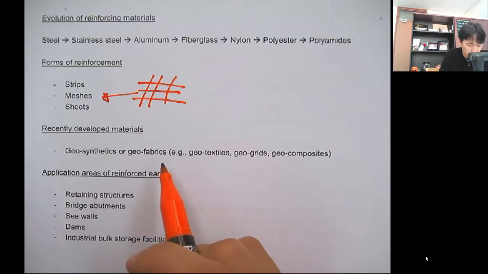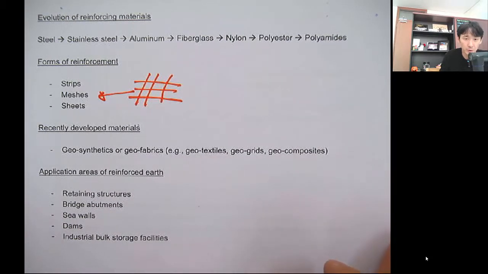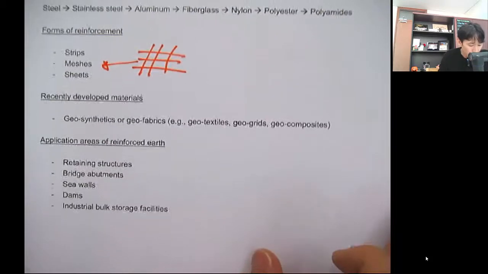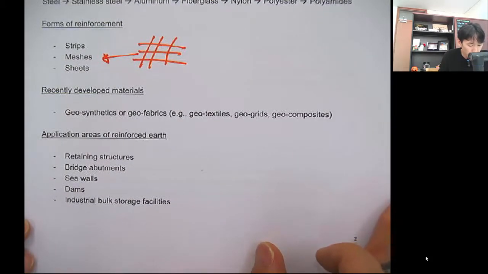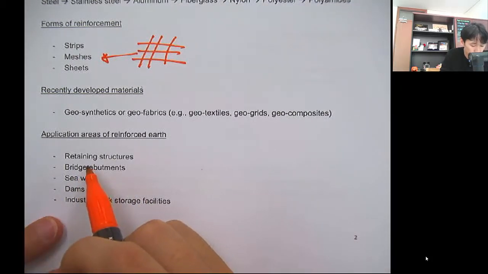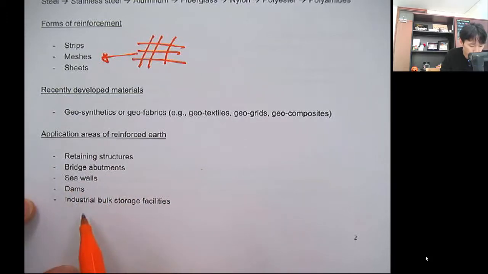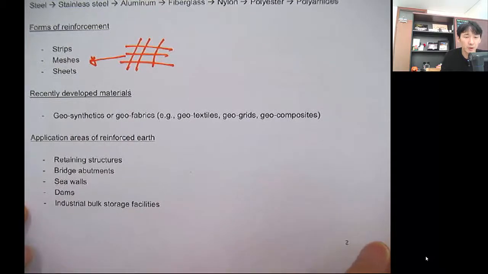So we're going to talk about the difference between the geotextile, geogrid, and geocomposite. The application areas of reinforced earth include retaining structures, bridge abutments, seawalls, dams, and industrial bulk storage facilities.